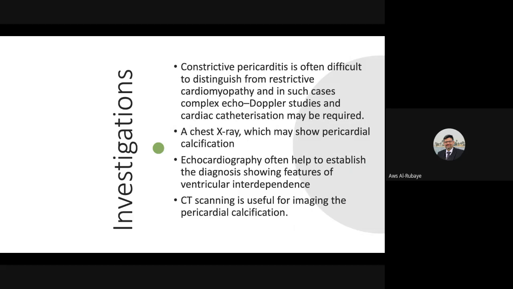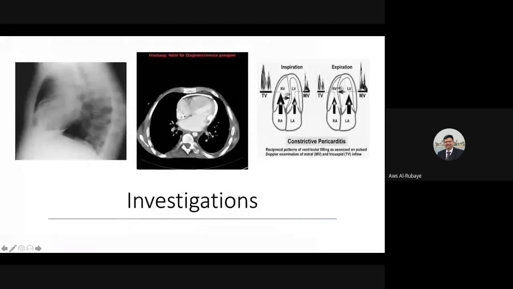Chest X-ray may show pericardial calcification. Echocardiography can help to establish the diagnosis, showing the features of ventricular interdependence. CT scan also can show the pericardial calcification. This is a lateral chest X-ray view showing calcification in the pericardium, and this is a CT also showing the pericardial calcification.